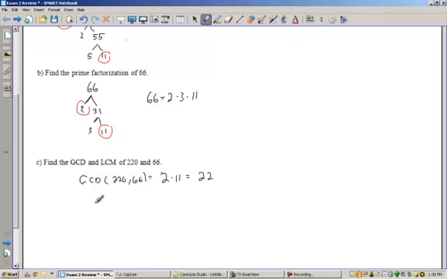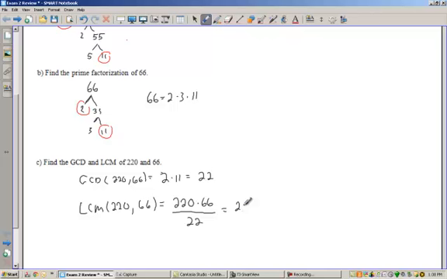For the least common multiple of 220 and 66, this is the smallest number that is a multiple of both. So there's one real obvious answer. You just multiply the two numbers together. 220 times 66 is a common multiple, but it might not be the smallest. To make it the smallest, we divide by the greatest common divisor, so divide by 22.